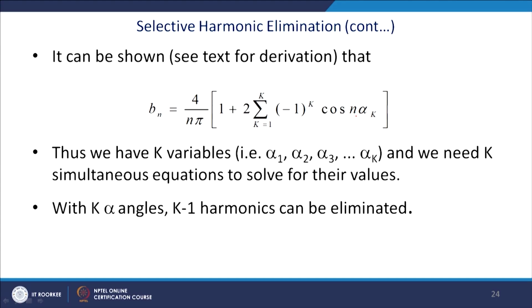So, you will have that number of notches. If you have 1 notch, you can eliminate one particular frequency. If you have 2 notches, you can eliminate 2 particular frequencies, 5th and 7th. If you have multiple notches, you can eliminate multiple frequencies. And with k alpha angles, k minus 1 harmonics can be eliminated.